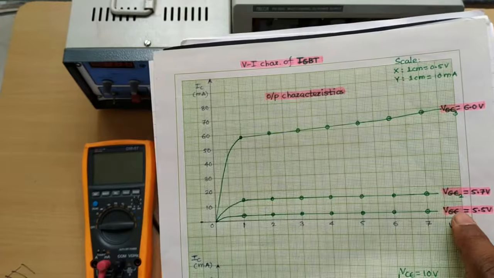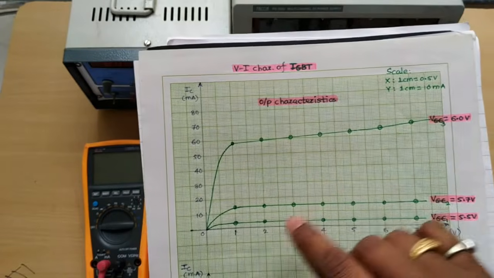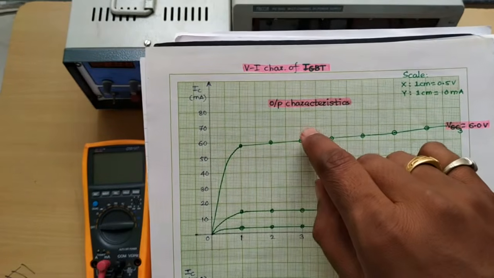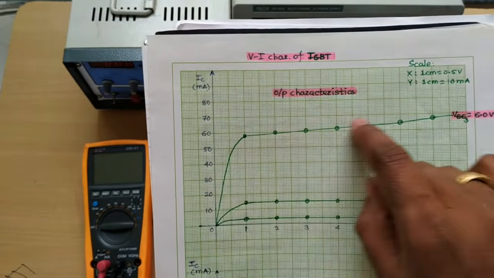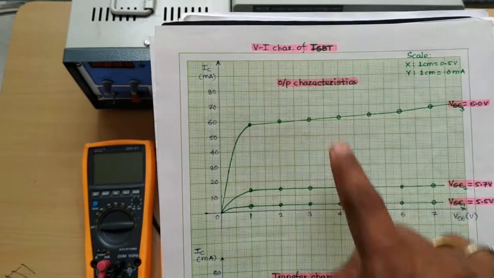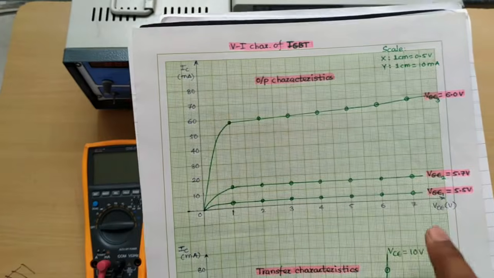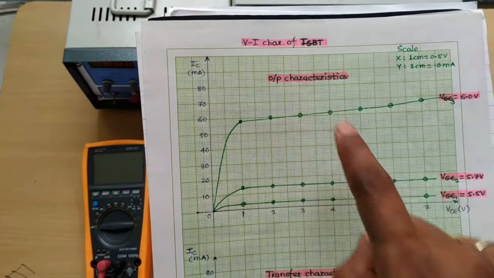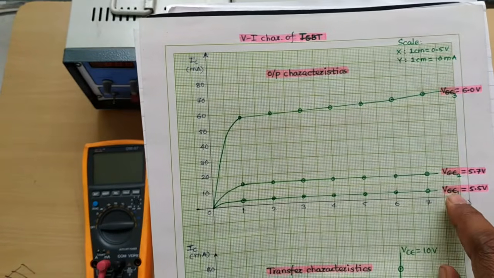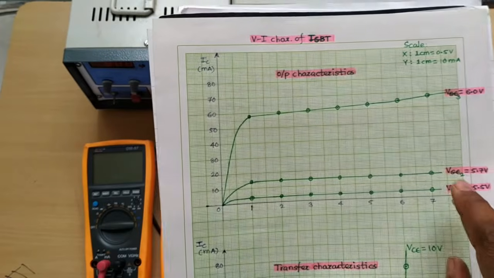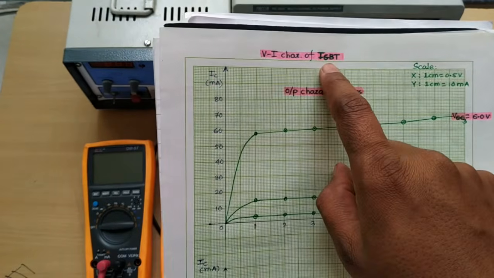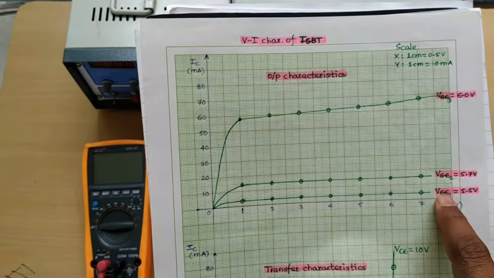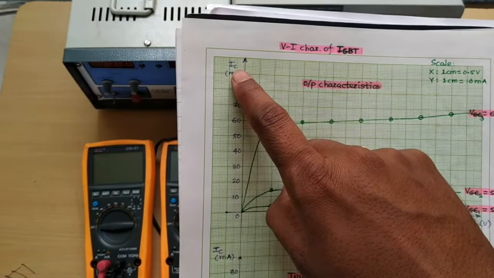If you go on increasing the gate to emitter voltage, your current will go on increasing, but initially it increases and then remains almost constant. So these are your output characteristics. From these characteristics, what can you conclude? Here your input voltage is controlling the output current. Hence the IGBT is called a voltage controlled device, because the input voltage is controlling the output current.